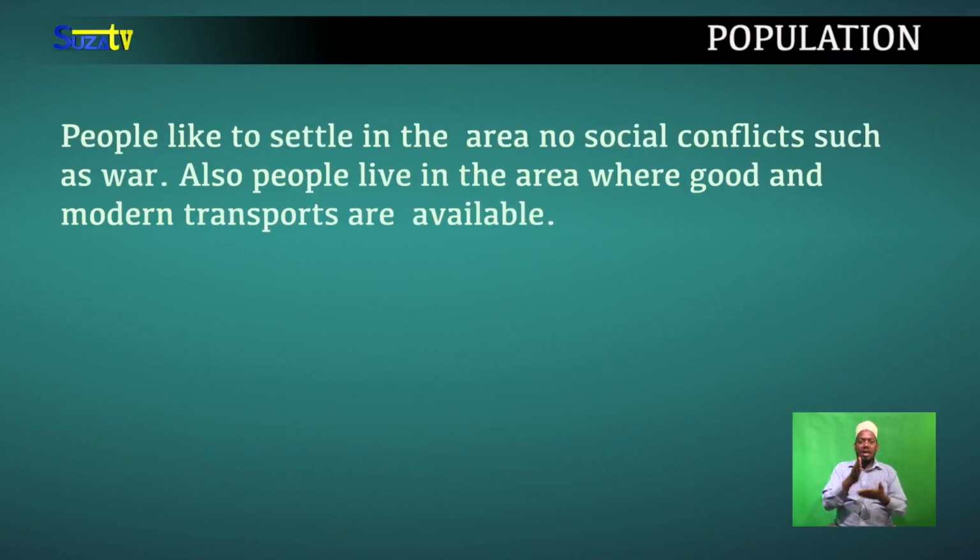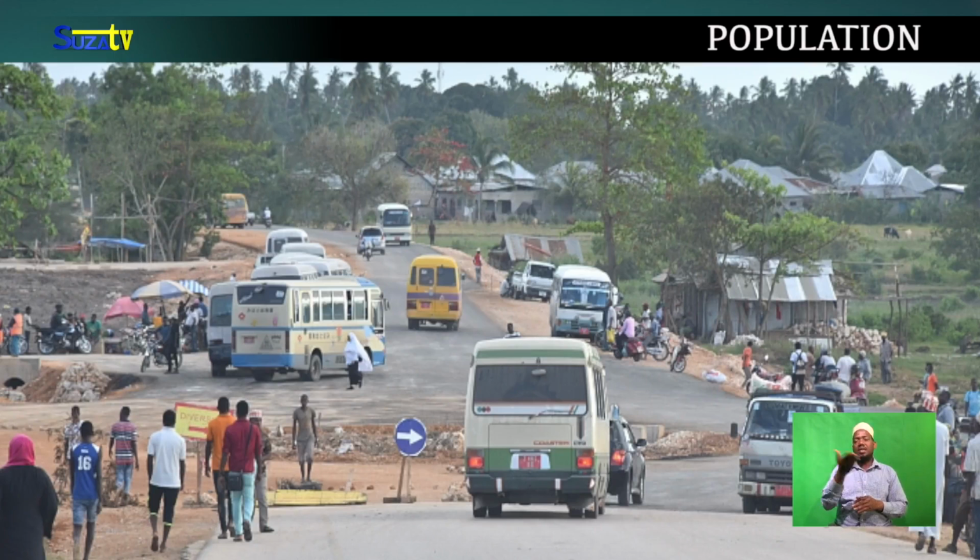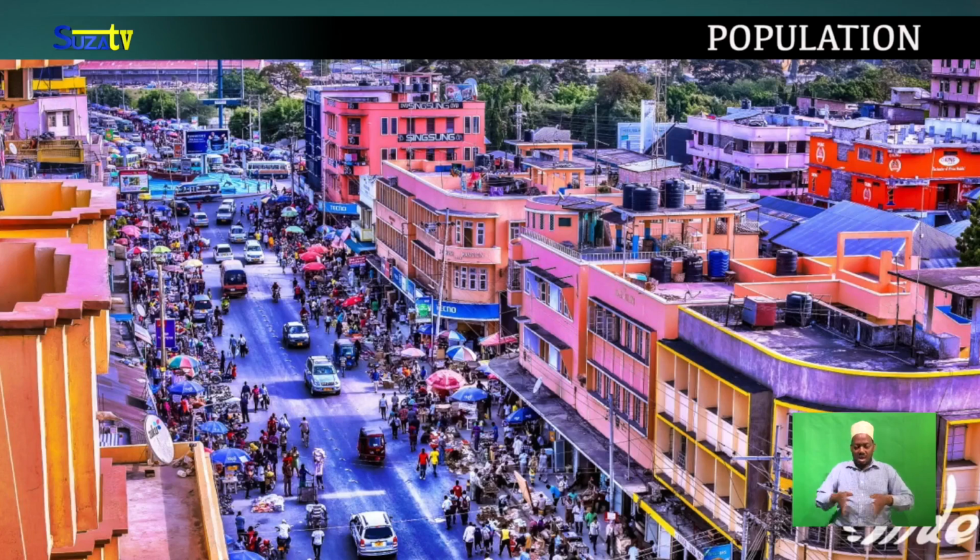Also people live in areas where good and modern transport is available. So this is another factor, transport. For example, on the main road from Zanzibar town to Nungwi, people are settled along the road. As you see, when we move to Nungwi, you can see a lot of people settled beside the road.